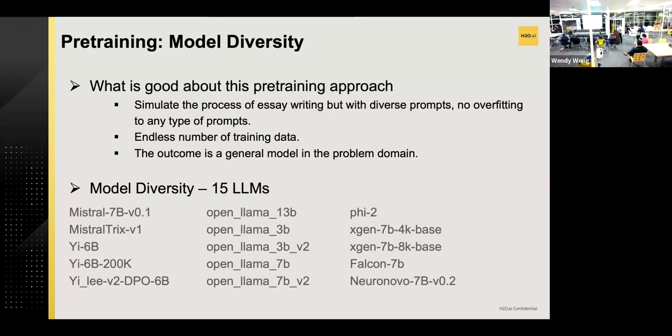In total, I used 15 LLMs. Most of them are 7 billion parameters or smaller. And I find that 7 billion is a sweet spot, a very good balance of efficiency and performance.